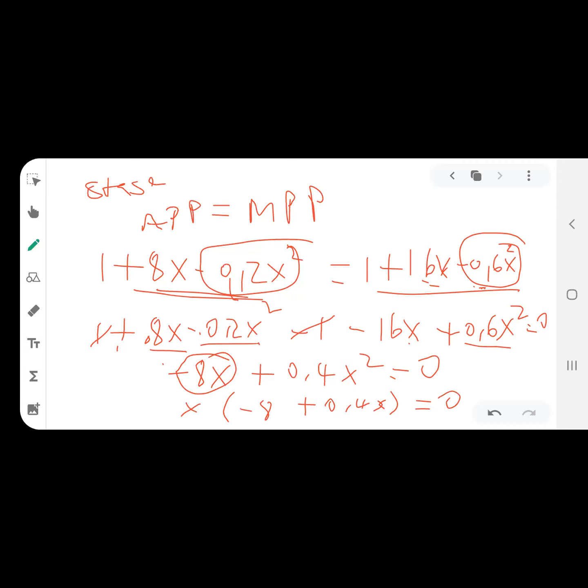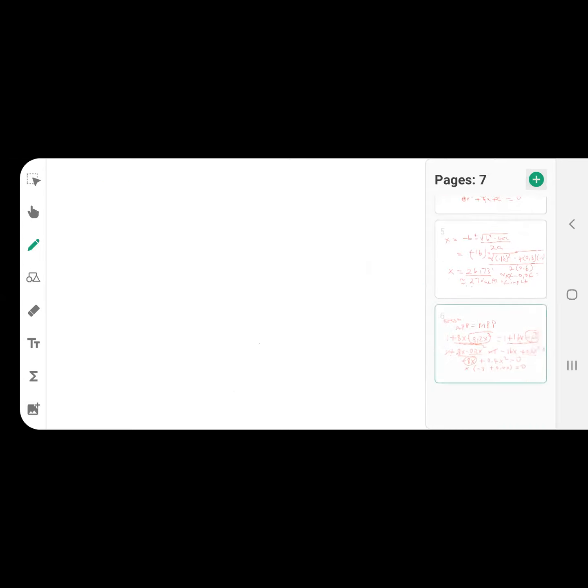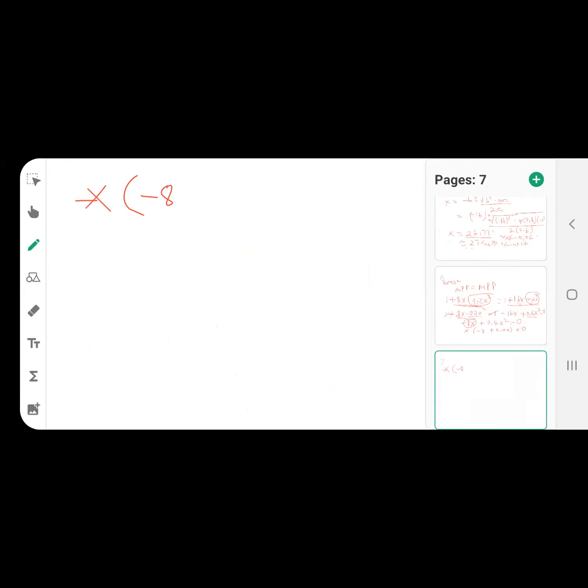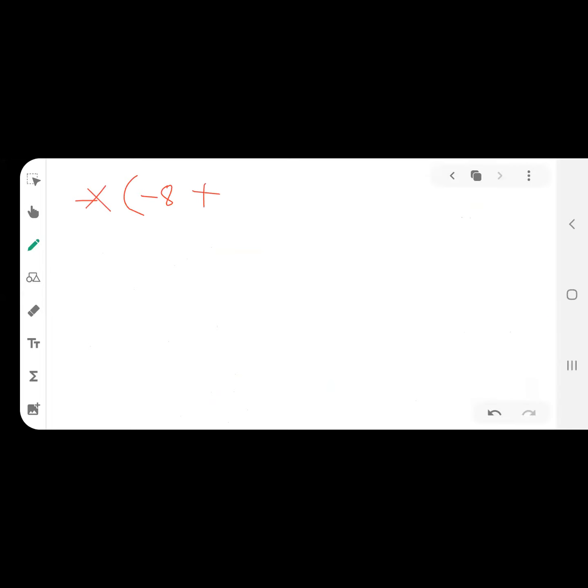Or negative 8 plus 0.4x equals 0. So it means that there are two values of x.